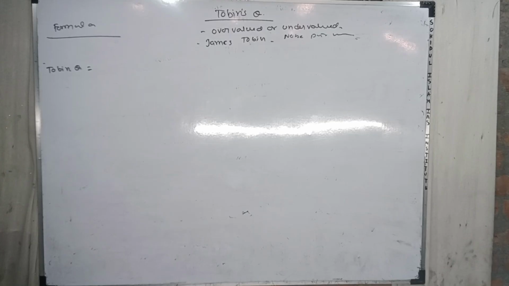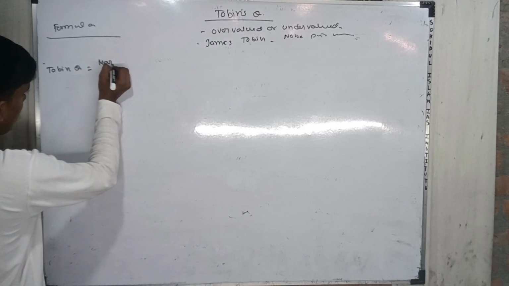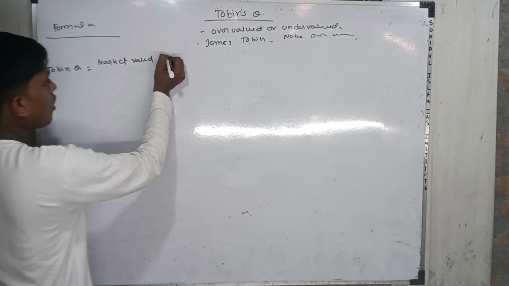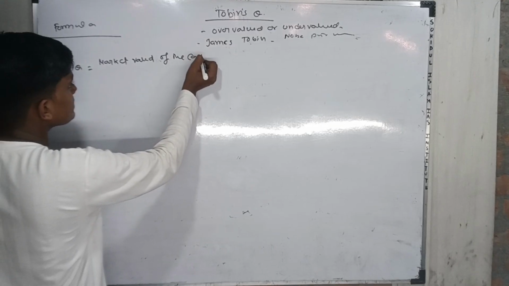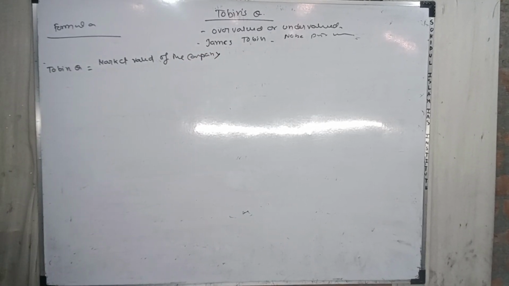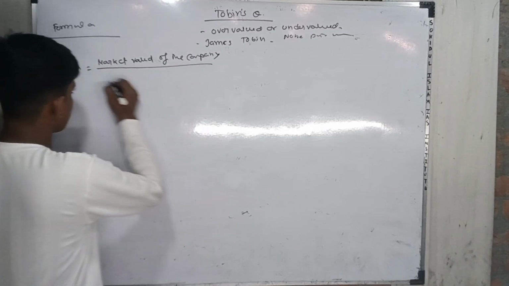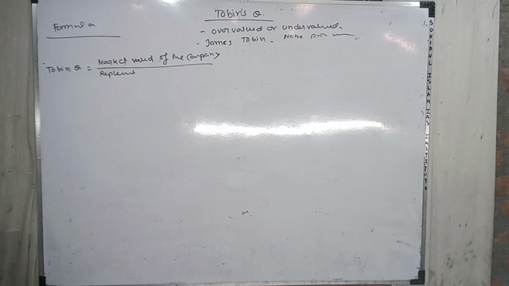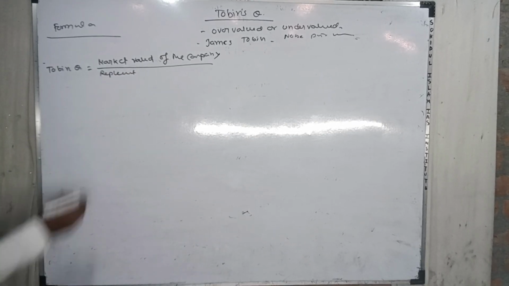Tobin Q formula: market value of the company divided by replacement cost of its asset.